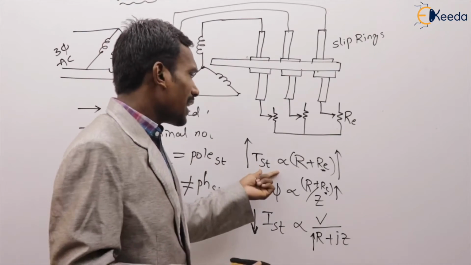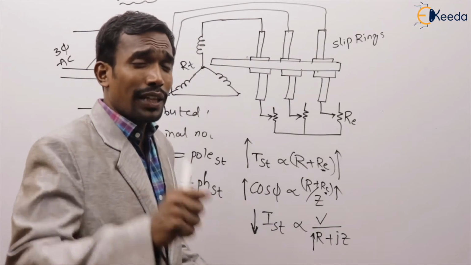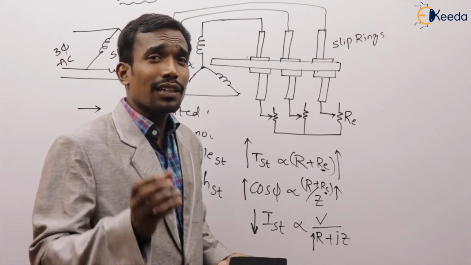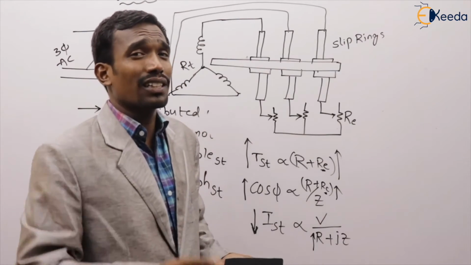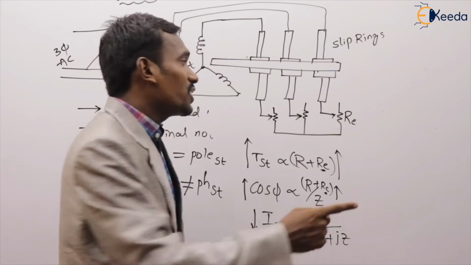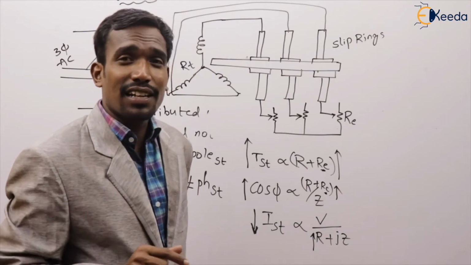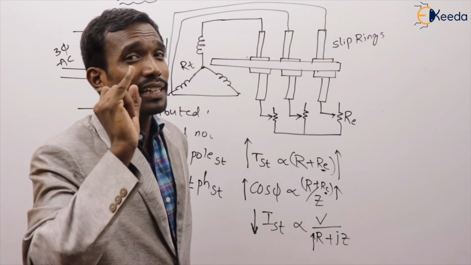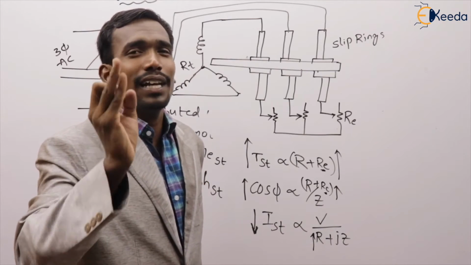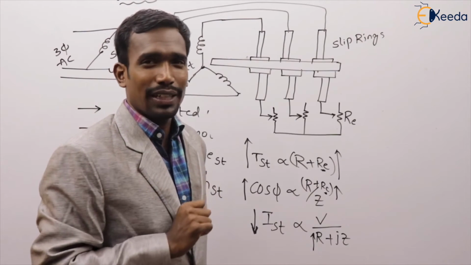Sir, this is okay, high starting torque applications, but you are telling that we can control the speed. How can we control the speed? By changing the extra resistance. By changing the extra resistance, we can control the torque as well as speed. This is very important.